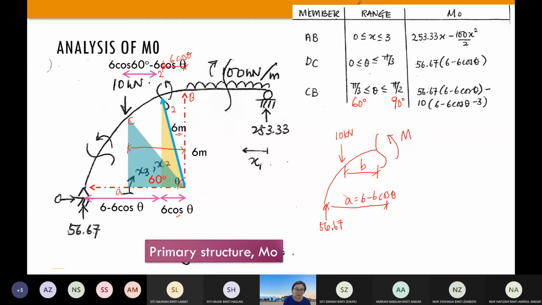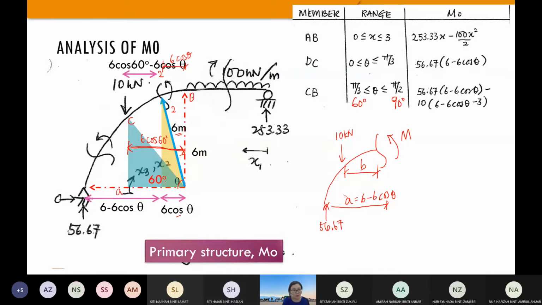Class, are you able to help me? What is this length? Cos theta. Yes, 6 cos 60.